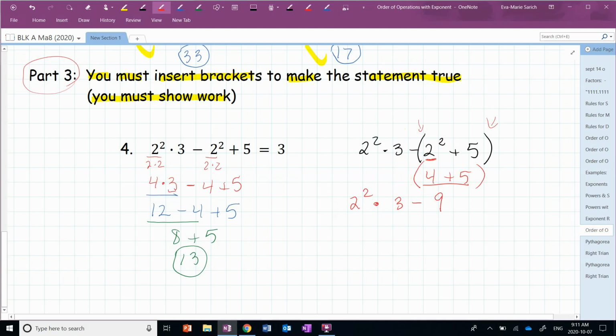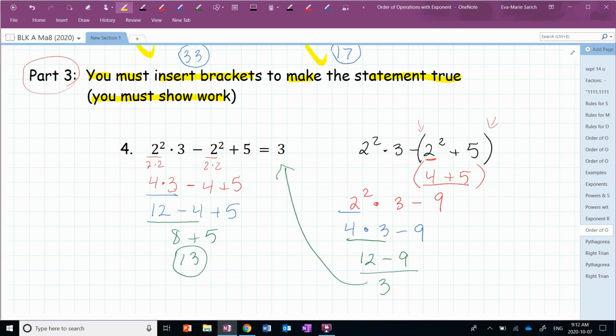Now, BEDMAS after brackets says exponents. So 2 squared means 4. Copy down the rest, 4 times 3 minus 9. Now we're going to multiply before we subtract, so 4 times 3 is 12, and then bring down the subtract, and 12 minus 9 does give us 3. So we did get the answer.